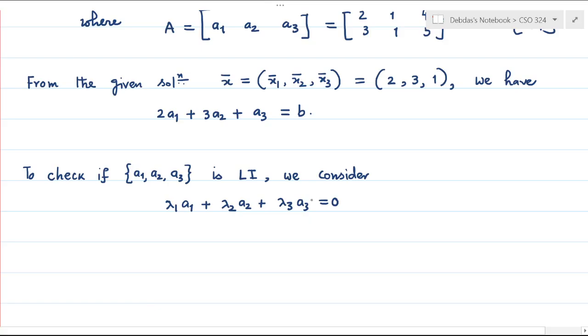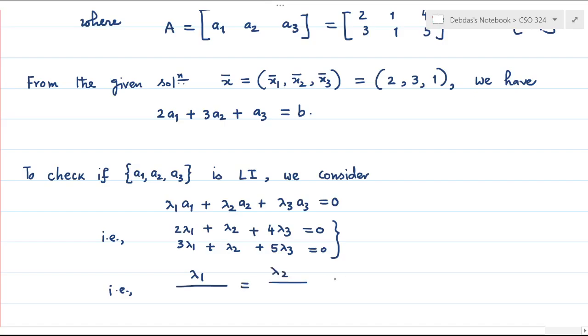So this equation gives us 2 lambda 1, 3 lambda 1, plus lambda 2, lambda 2, plus 4 lambda 3, 5 lambda 3, is equal to 0, 0.